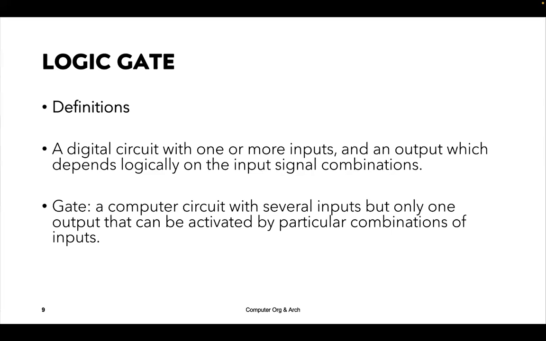So these are just a few definitions. Now, a logic gate is a digital circuit with one or more inputs and an output, which depends logically on the input signal combinations. And when we talk about the gate specifically, we are referring to that circuit that comes with several inputs, but only one output that can be activated by a particular combination of inputs.